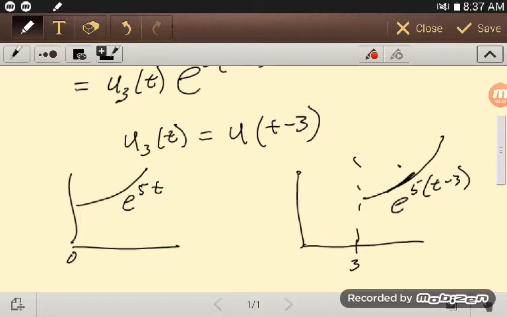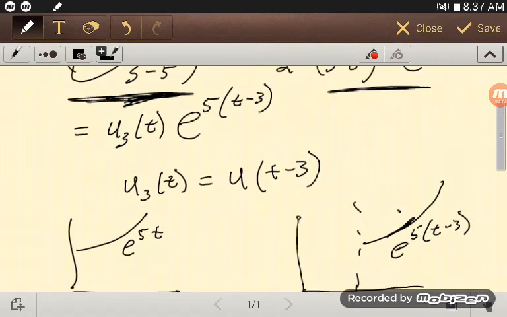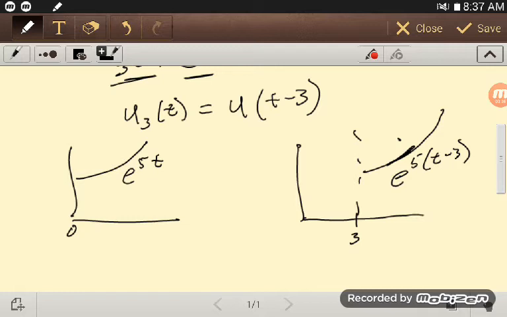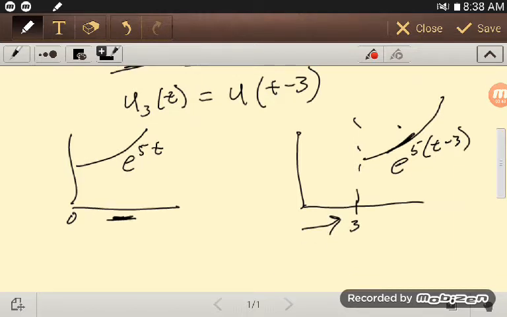And so that's what the combination of this and that are telling us: we've just taken this curve that we think of here, e to the 5t, we've shifted it 3 to the right, and started there, but we have 0 before that. Nothing happened before that.